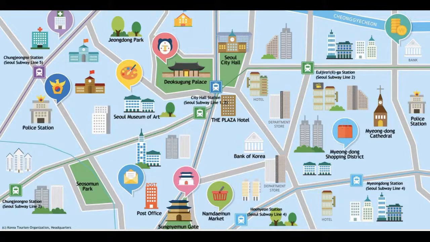So let's say you see Seoul City Hall and you're explaining to someone where it is, then you point and say, "This is Seoul City Hall." Or you can change the sentence and say, "Seoul City Hall is right here." But when you start the sentence with "here," then it's very awkward. You should say, "This is City Hall," or "Seoul City Hall is here, is right here."